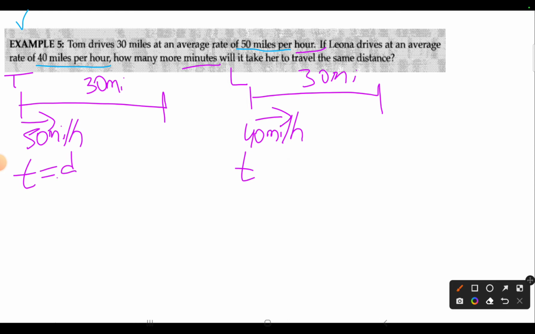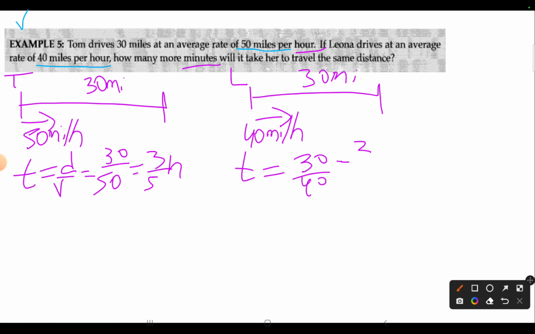Time is distance over velocity. 30 over 50, it is 3 over 5 hours, because here it is in hours. For Leona, it is 30 over 40, 3 over 4 hours. Let's convert it to minutes.